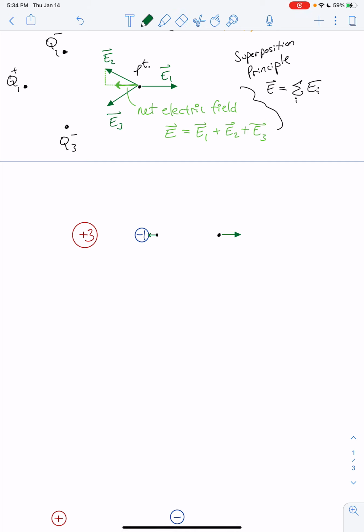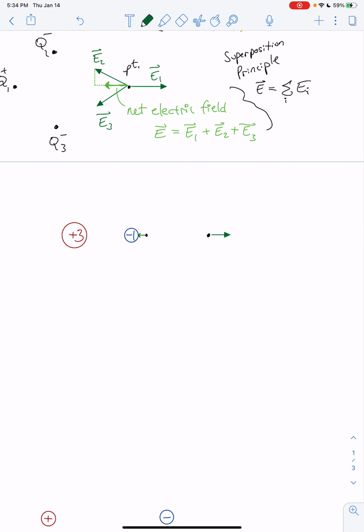That's because when the distance is far enough away from both of them, the +3 is going to have a greater impact because it's a larger charge. There comes a point, which you can find mathematically, where the +3 starts to win out and the direction of that field flips.